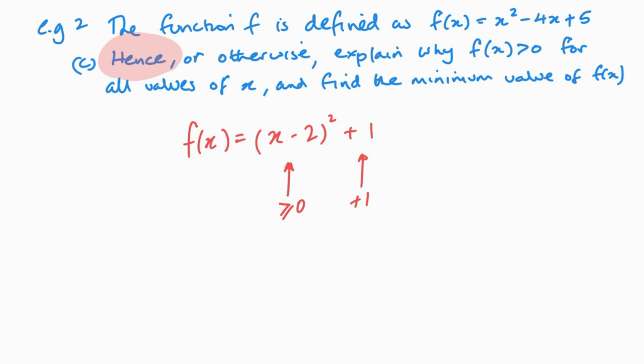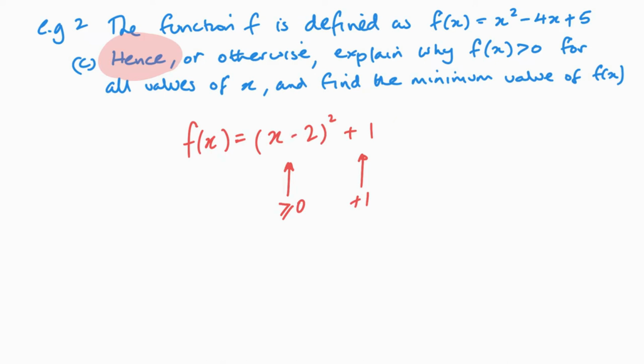There is no smaller value than that, because even if I substitute a negative value in here, like minus 10 plus 2 is minus 12, when I square it, it becomes positive. So the smallest value this whole bracket can take when it's squared is 0. And 0 plus 1 is 1.